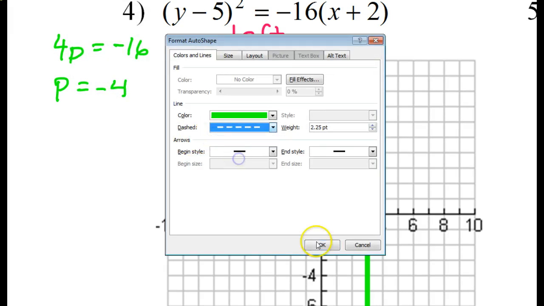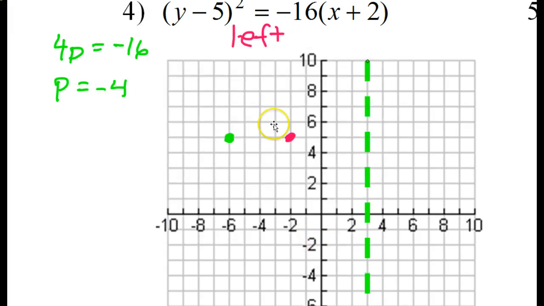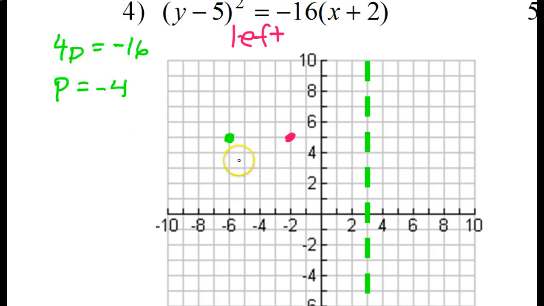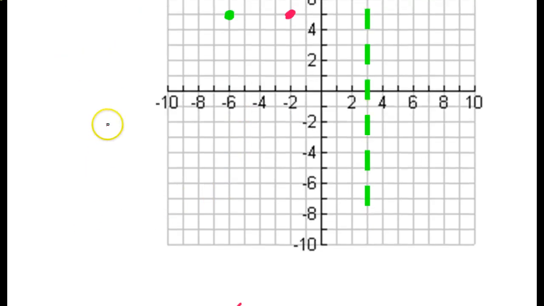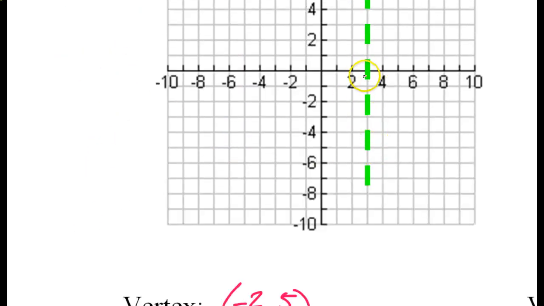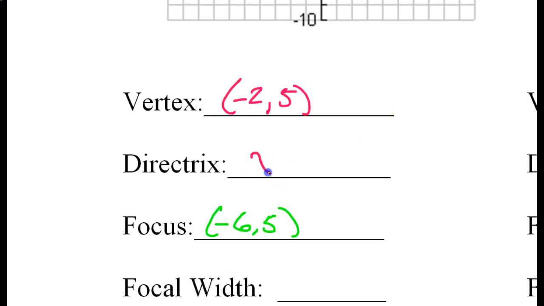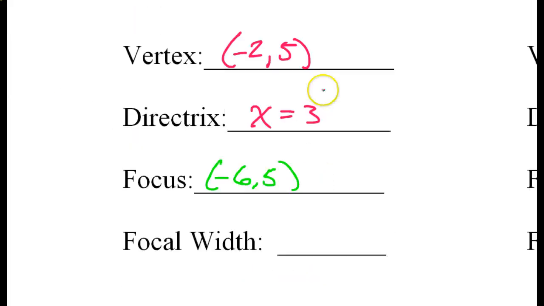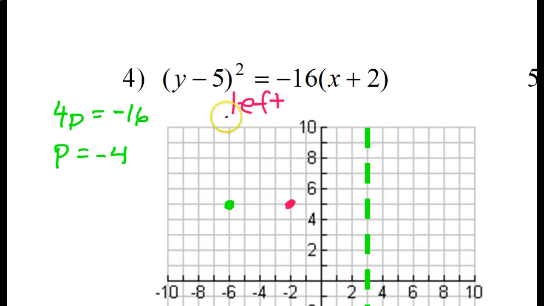Okay, now I just need my other 2 points to make this graph. Oh, by the way, so the directrix, that was at x equals 3, as you can see. Now, the focal width is 16, so I might as well write that down. If the focal width is 16, so that's the width at the focus, for a total of 16, I need to go 8 up and 8 down.